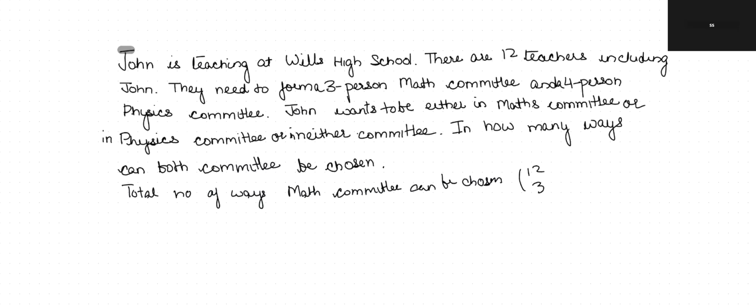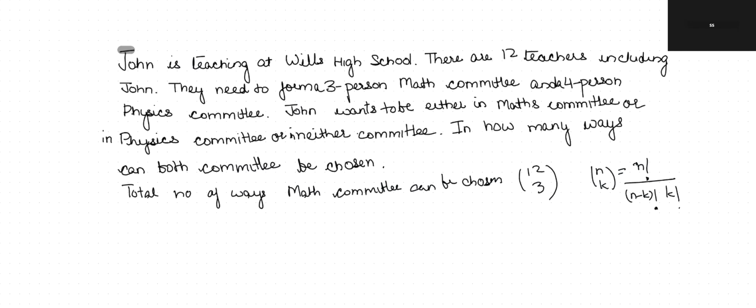And we know the formula. Suppose this is n choose k, so it will be factorial n over factorial n minus k, factorial k.